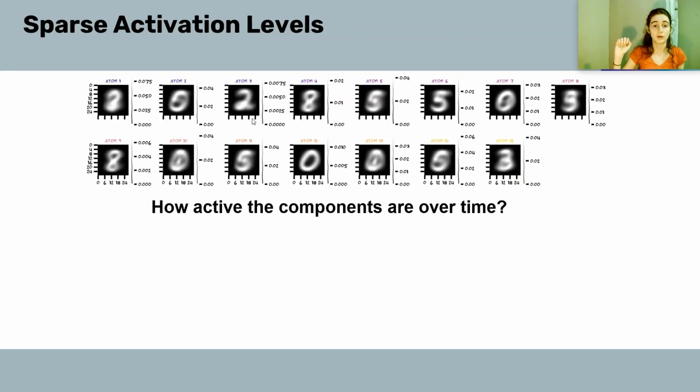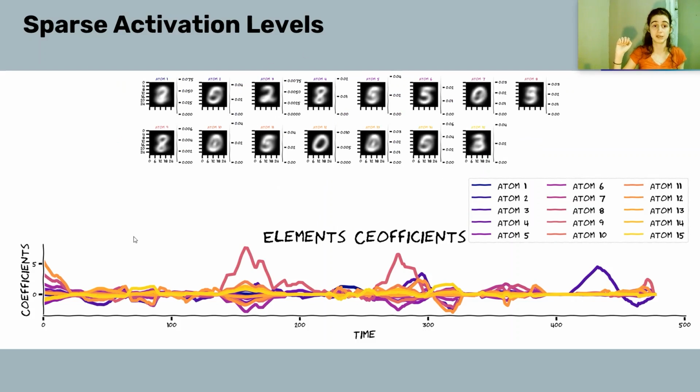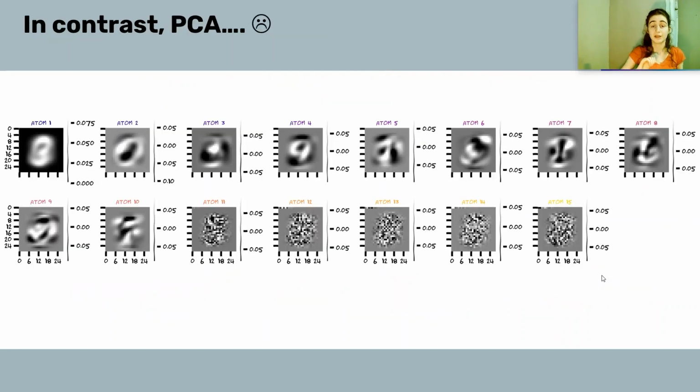When we look at the activity levels of these images, you can see that different digits contribute to the video over time. So here we have this atom, and at different time points we have different atoms or different basis images active. In contrast, when we look, for instance, at PCA, which is not sparse, we get the following components, which are not really meaningful.